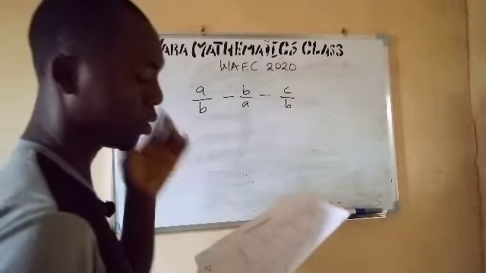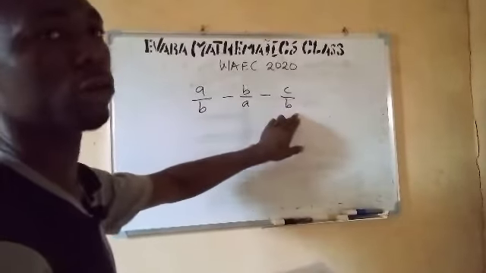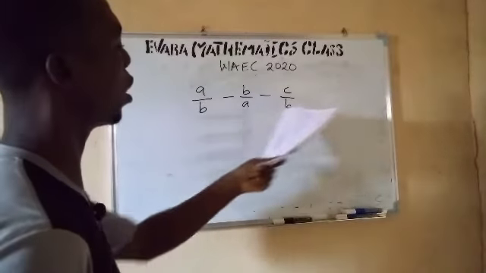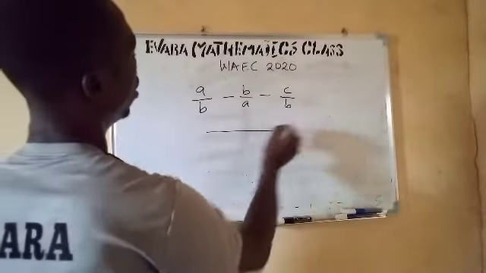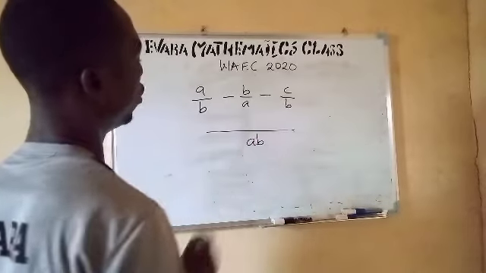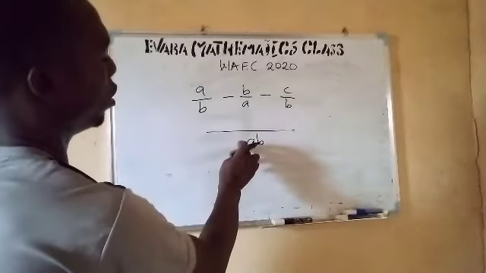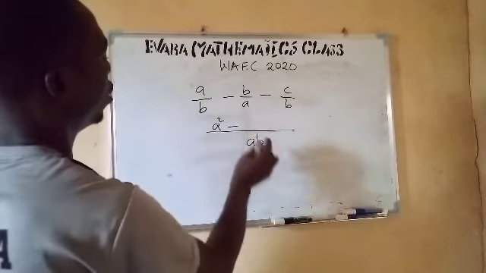So to simplify this expression, we simply find the LCM of the denominators. The denominators are b, a, and b. So their LCM will be ab. ab is the LCM. If you divide ab by b, we are left with a, then a times a is a squared.